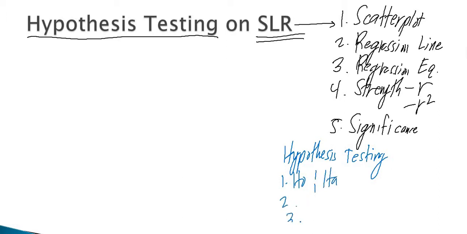Number 2 and 3, we shall compute our test value and our p-value. And number 4, we should have our conclusion. So first, we have to know how we state the null and alternative hypothesis in simple linear regression analysis. And here's how they look.